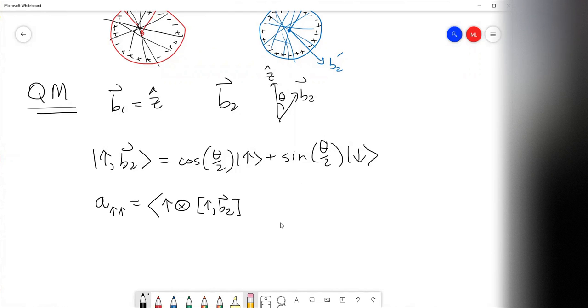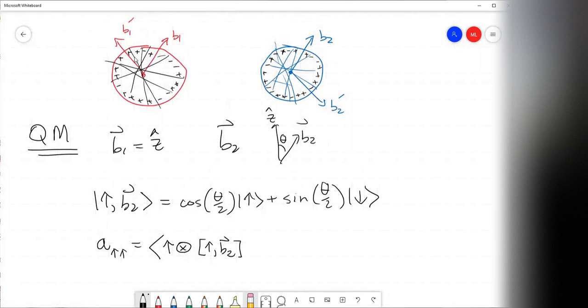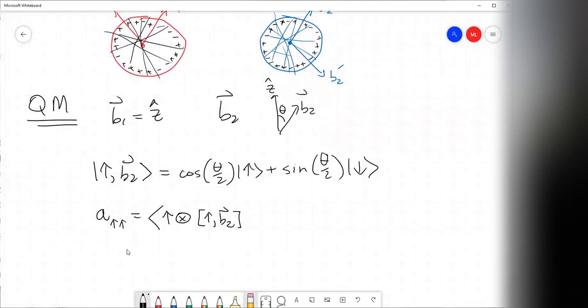Right, so this is the first experiment. One guy is measuring along the Z direction, the other guy is measuring B2, which is some angle theta away. So the probability that you measure plus plus would be this probability amplitude dotted into the singlet state. And the singlet state is up, down, minus, down, up.